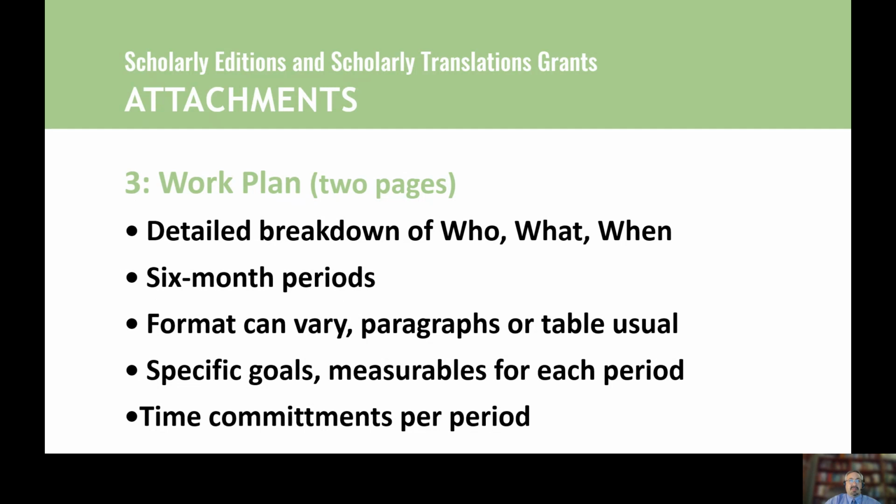The reason we've done this is partly to make it easier to read, but also because folks had a difficult time fitting this into their narrative, and many applicants would try to do this already in their applications, but found it took up a lot of space, particularly if it's in a table. So breaking this out into a separate attachment, we hope, makes this a little easier and doesn't take up valuable space in the narrative itself.